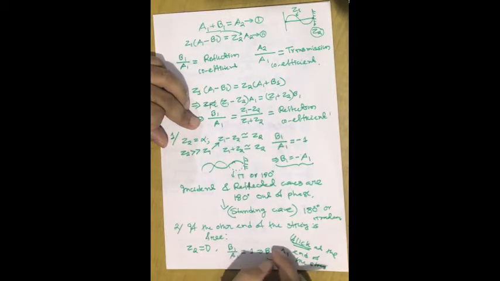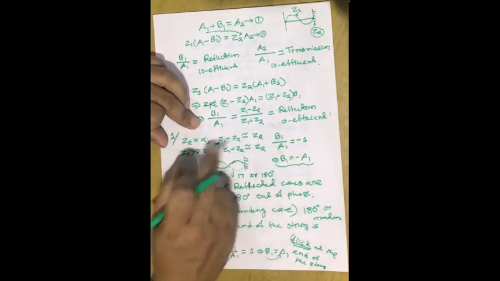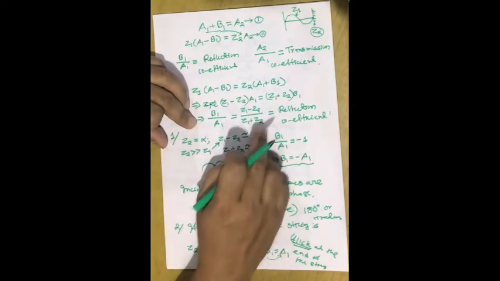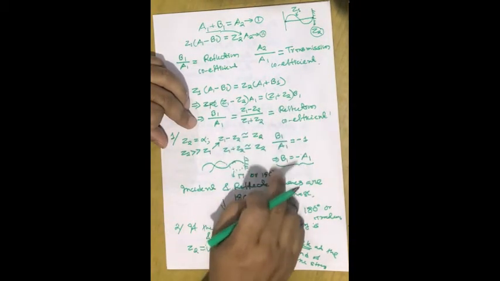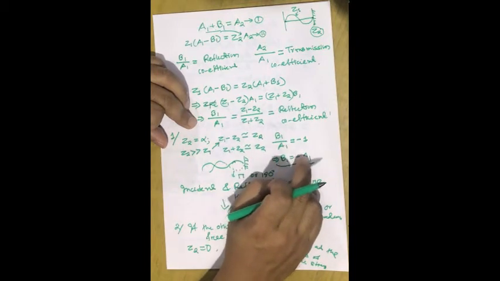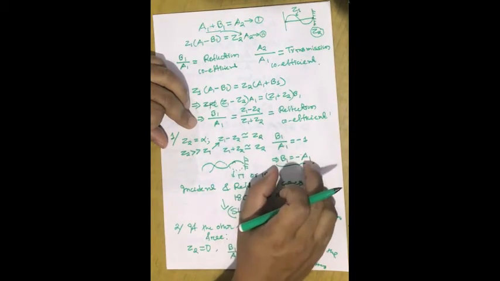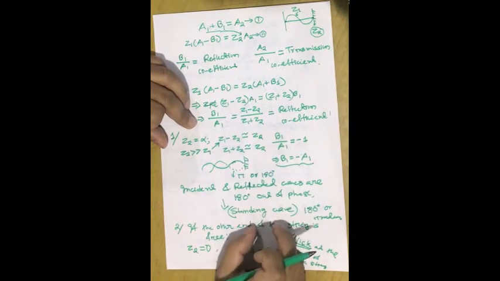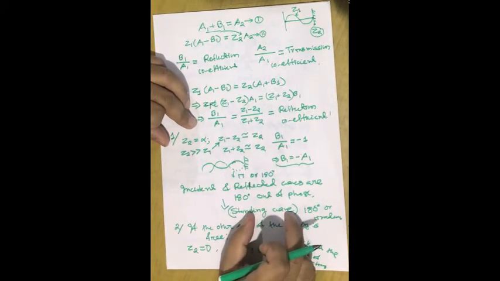There is no phase difference between these two. So this is analogous to the flicking at the end of the string. These two special cases we can consider with this expression of reflection coefficient. When Z2 is equal to infinity, the reflected wave will suffer a 180-degree phase shift, and when such types of two waves superimpose, what we are going to get is nothing but the formation of a standing wave.